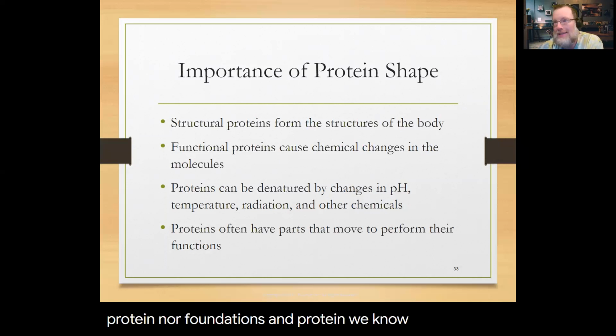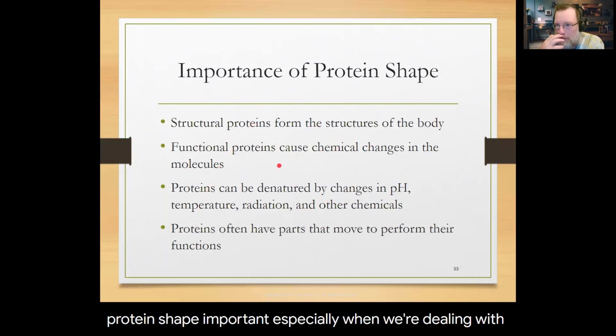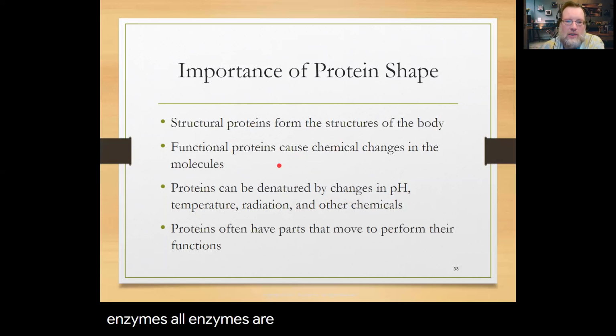We know that enzymes and hormones are protein based as well. So we do see protein shape is important, especially when we're dealing with enzymes. All enzymes are protein based, so any changes in pH, temperature, or other chemistry can alter or denature a protein.